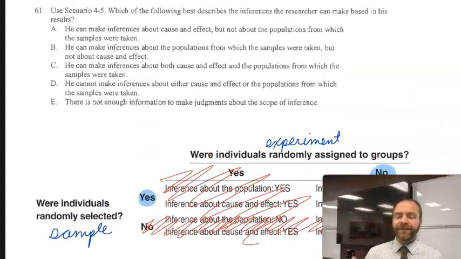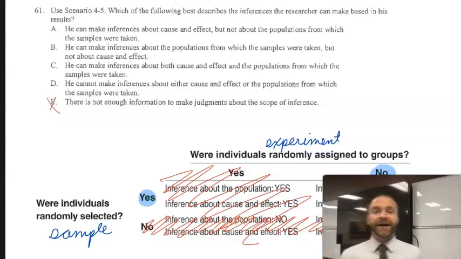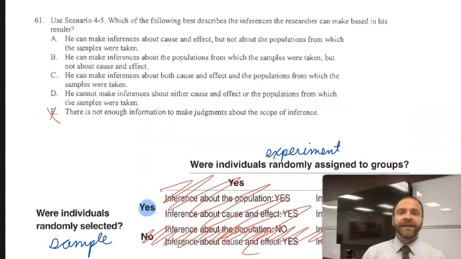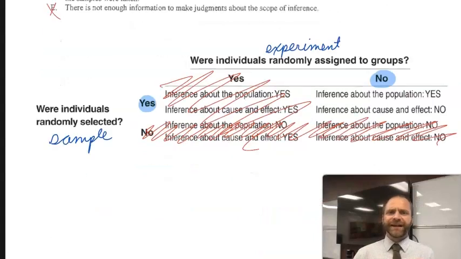One thing to keep in mind is, choice E, there's not enough information to make a judgment based off the scope of inference. I don't think that's right. I just proved it based off of the table. We can see there is enough information. Another choice says he cannot make inferences about cause and effect of the population from the samples taken. Another says he can make inference about both cause and effect.